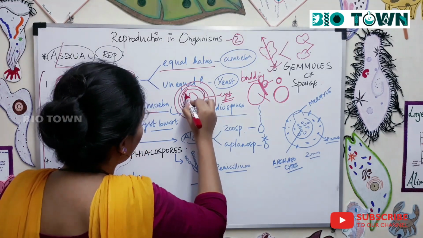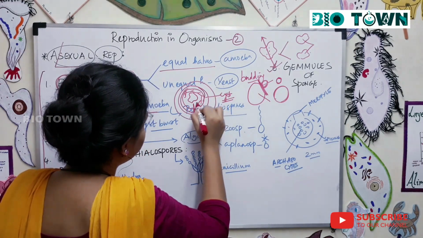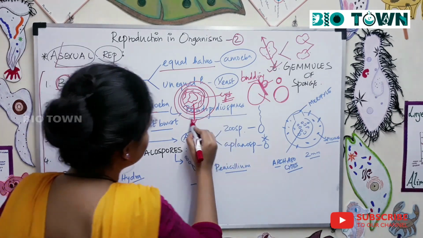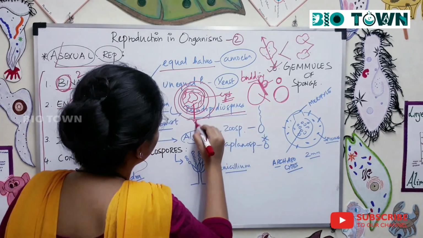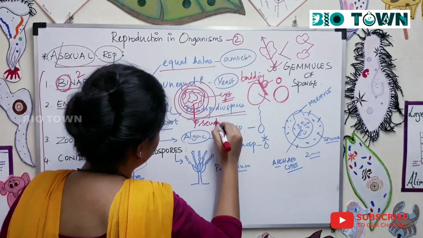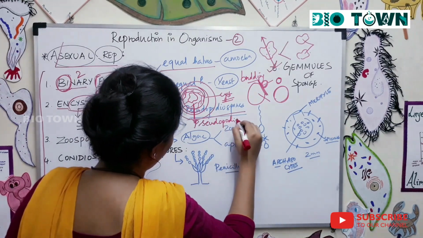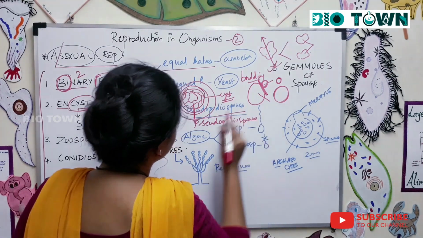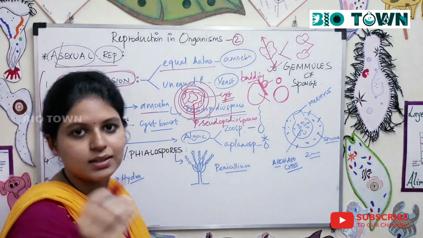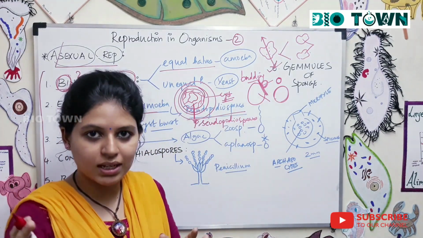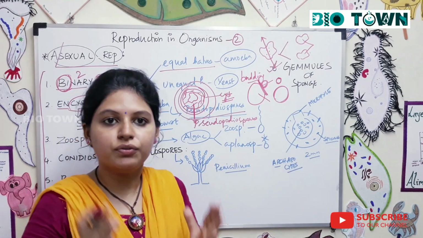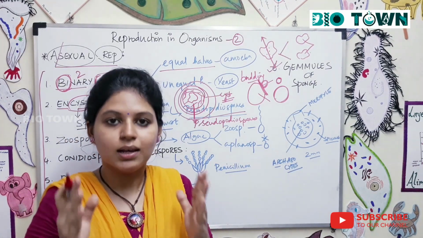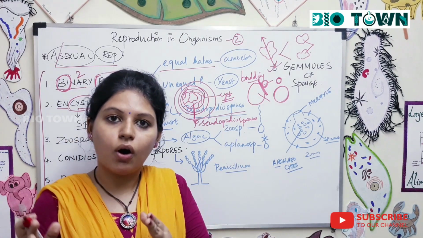There is a lot of amoebal cell multiplication, and these cells are called pseudopodiospores: pseudo, podio and spores. So these smaller amoeboid cells are called pseudopodiospores. And the formation of these pseudopodiospores is a result of what?